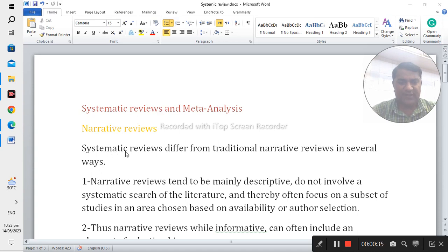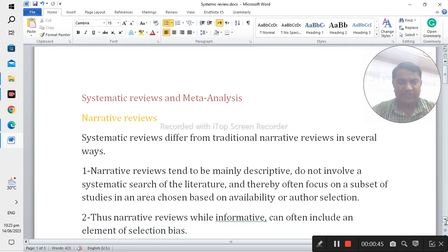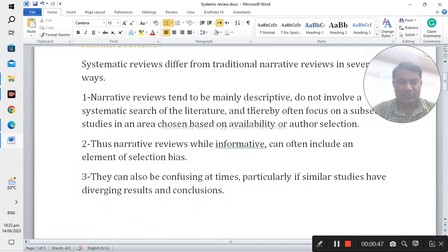So the systemic reviews actually differ from the traditional narrative reviews in several ways. Narrative reviews tend to be mainly descriptive and do not involve a systemic search of the literature.